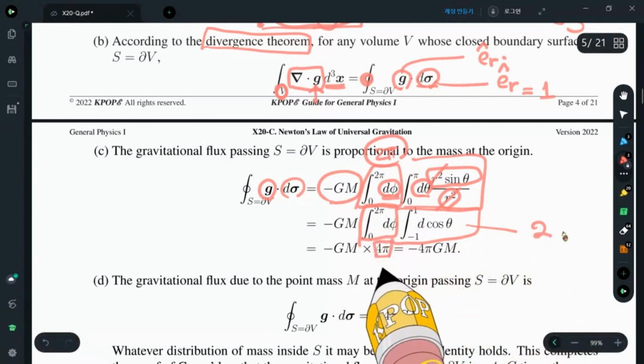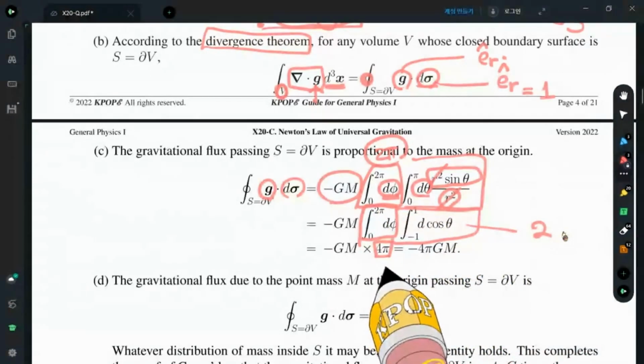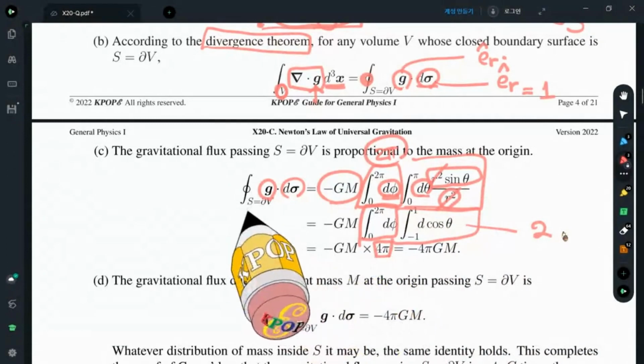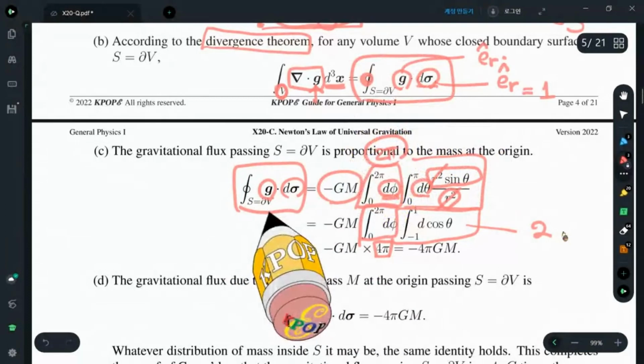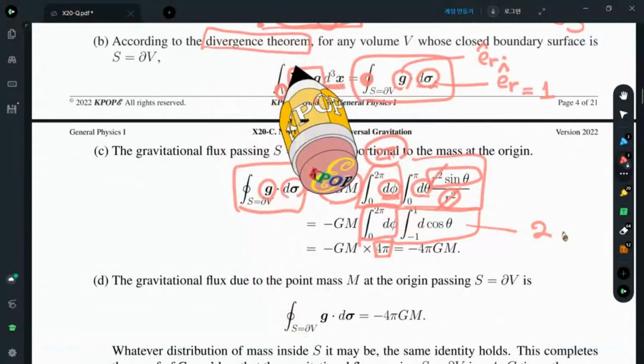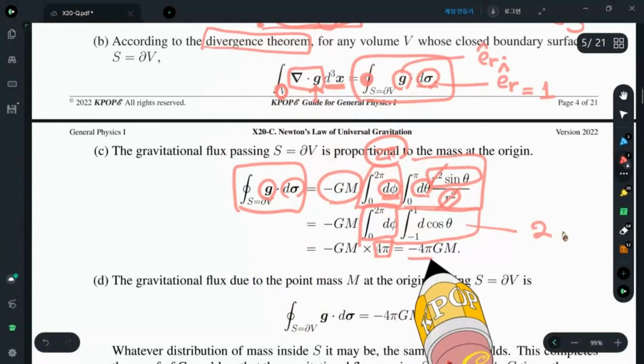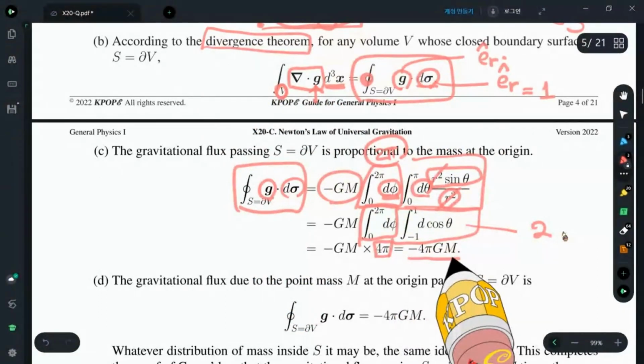That is the solid angle of three-dimensional space. Therefore, the right-hand side of the surface integral coming from the divergence theorem gives minus 4 pi GM.